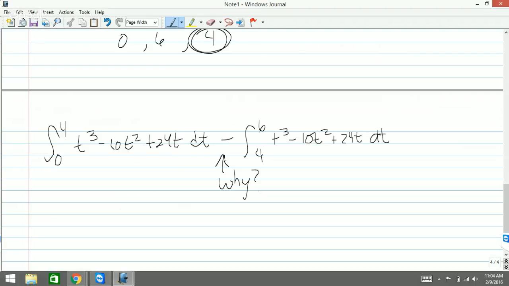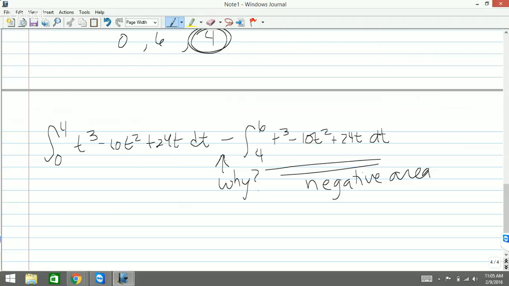Yeah, there you go. Did you hear that? Why do I subtract? There's a negative value from 4 to 6. It would add. Yeah, it's a negative area, so you're subtracting a negative answer, which gives you a positive, right?